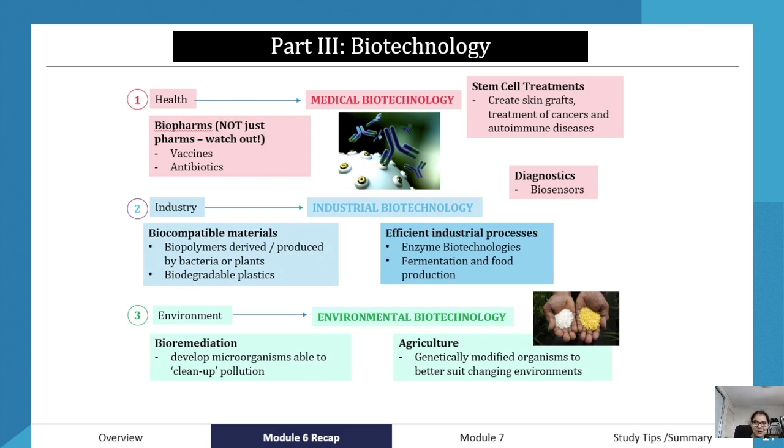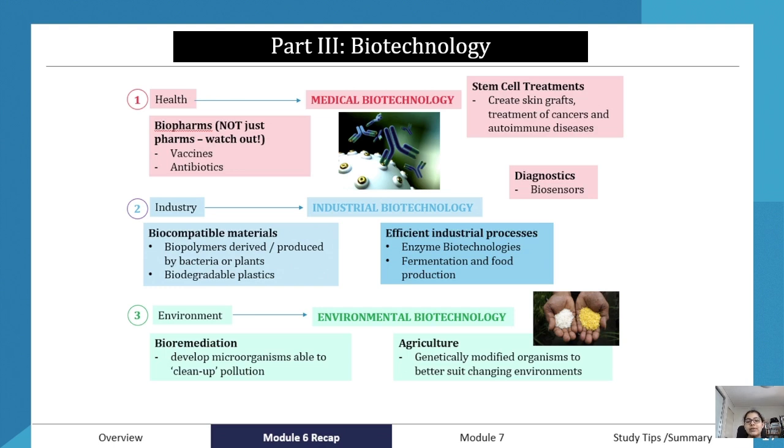Having now gone through the pandemic, we are all very aware of vaccines and antivirals, and how they've played a huge role in curbing the pandemic. There are also stem cell treatments that have been developed, and some are being developed, and that includes skin grafts, treatment of cancers and autoimmune diseases.